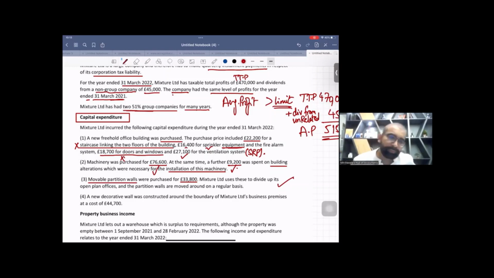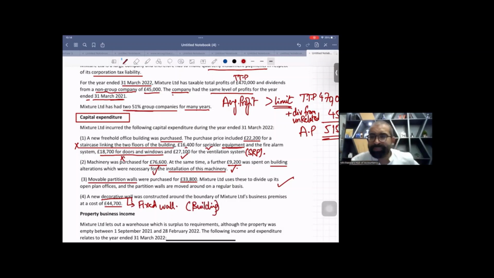Okay, now next, a new decorative wall was constructed at the boundary of the business premises at a cost of 44,700. Decorative wall is a fixed wall, and you know, a fixed wall is part of the building.